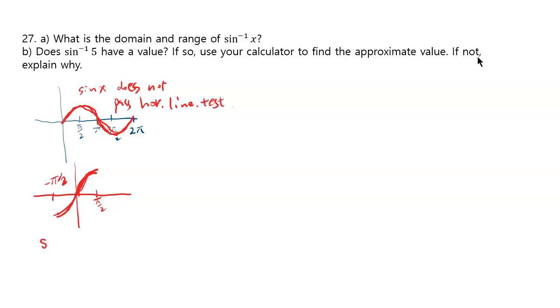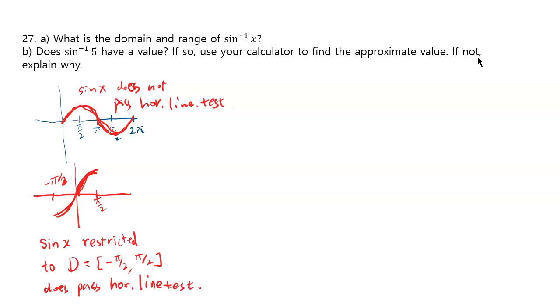We get that sine of x restricted to the domain of negative pi over 2 to positive pi over 2 does pass the horizontal line test.